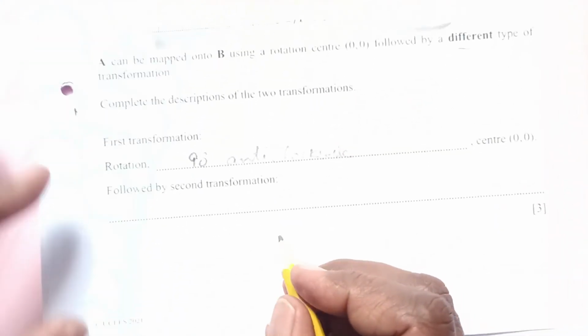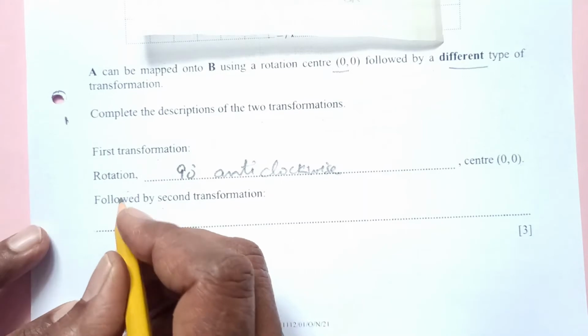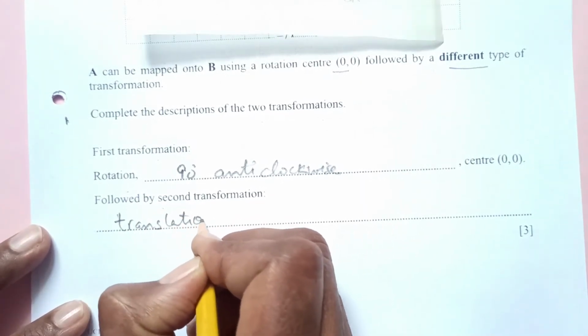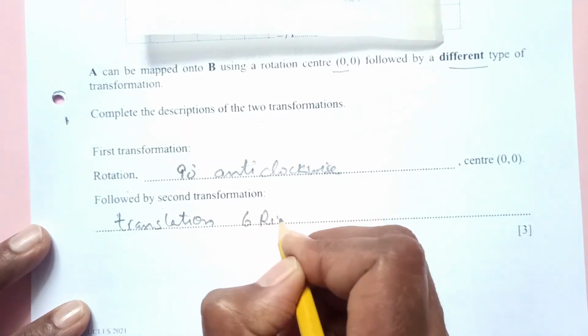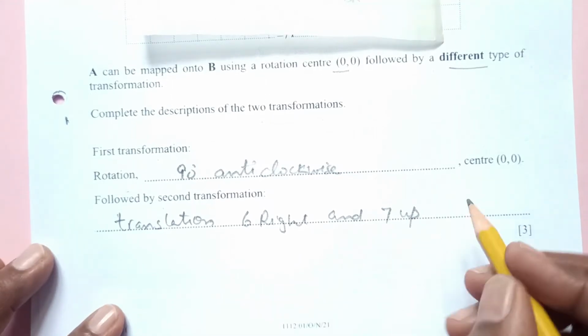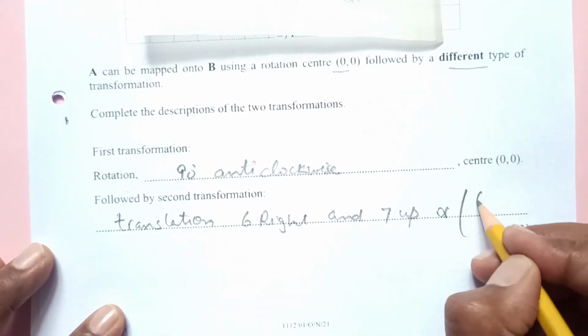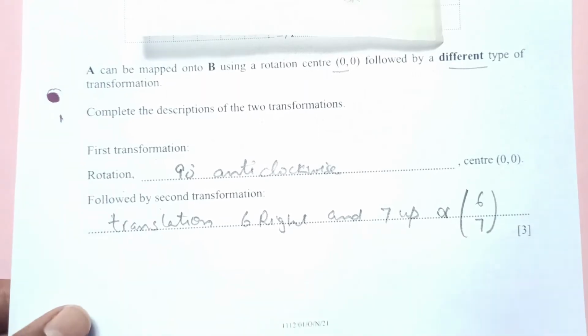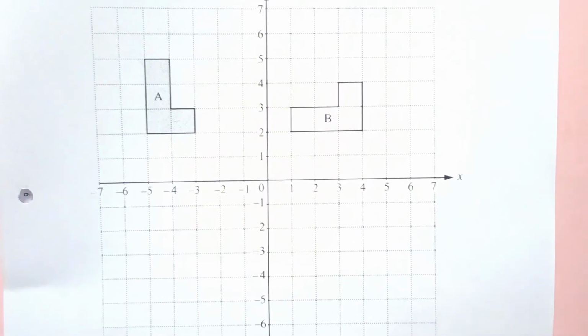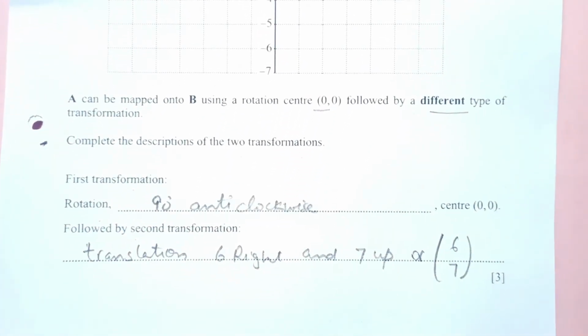So that is followed by the second transformation, that is translation: 6 right and 7 up, right? Or you can write it as 6 and 7 in vector form. So that's it for this one.